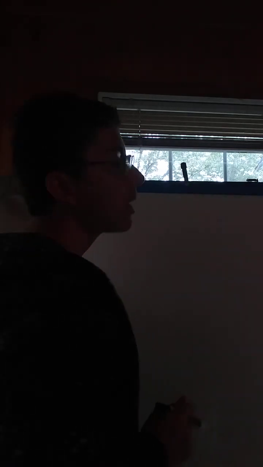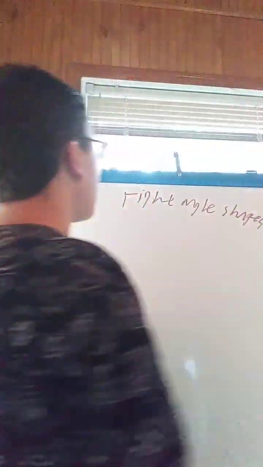Now we're going to be moving on to the next topic. And that topic is going to be right angle shapes. So, first of all, let's look at right angles.